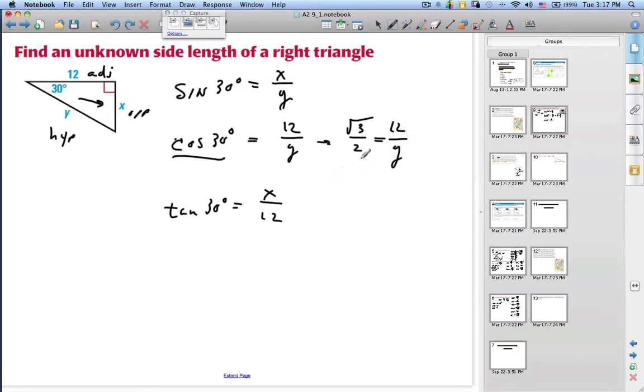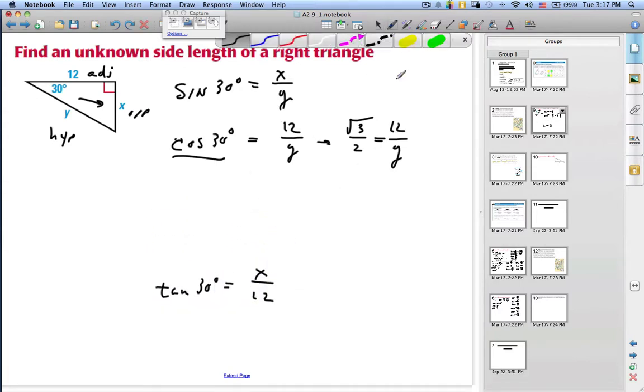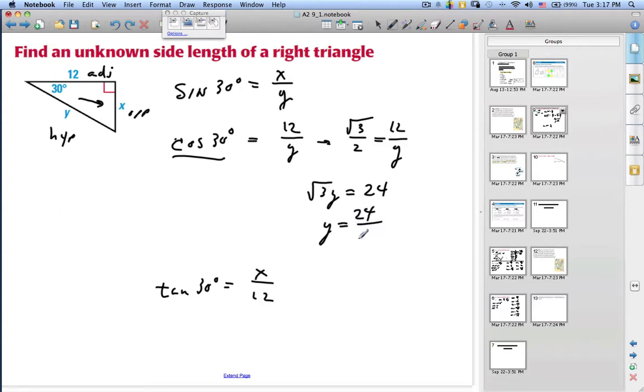If we wanted to continue to simplify this, root 3 times y would be equal to 2 times 12, which would be 24. If I divide both sides by radical 3, I'll have 24 divided by radical 3. I can't really do that, so I'll have 24 radical 3 over 3, and this 3 goes into 24 8 times, so I'll just have 8 rad 3 is equal to y.